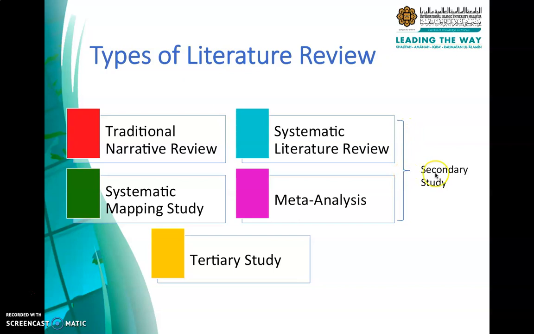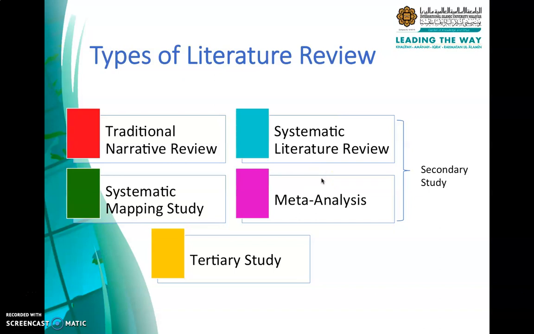Why do we call it a secondary study? It is a secondary study because these studies use existing studies, or existing primary studies, or existing empirical studies, as the content of the study.